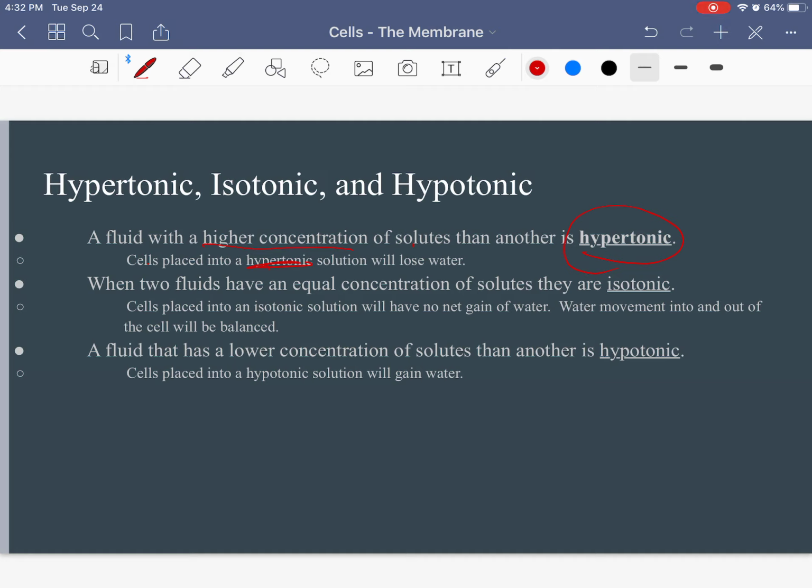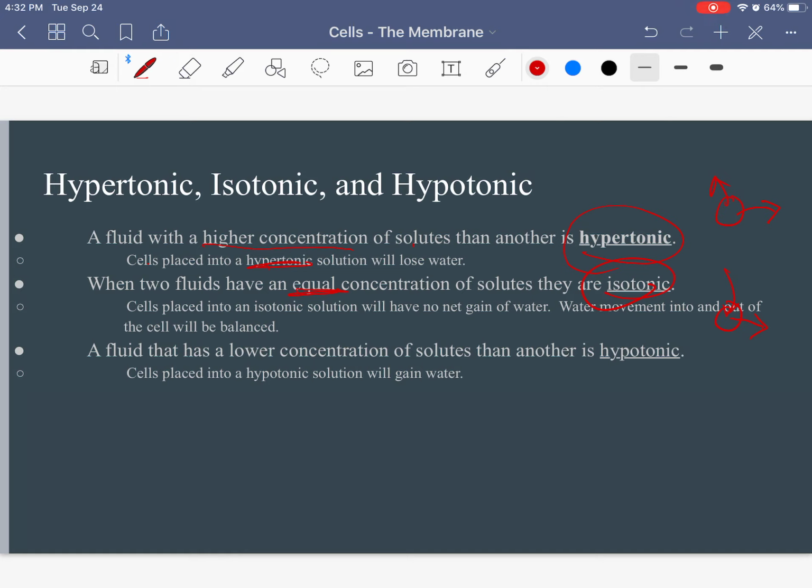If I have two fluids with equal concentration of solutes, then we are isotonic, which is the same. If I put a cell in an isotonic solution, there's not going to be a net gain. Water will move in and out of the cell, but the overall cell size is going to be the same. All right. If I put a cell in a hypertonic solution, all the water is going to move out and the cell is going to shrink.